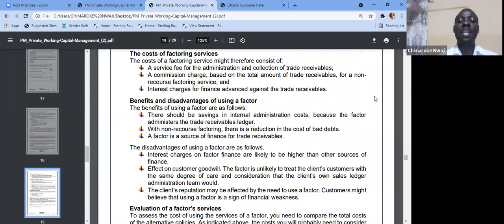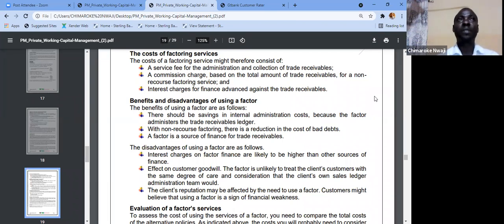And also the client's reputation may be affected because you are using the debt factor. It means that when you use a debt factor, your liquidity position is so bad that sometimes it's like a stigma. Like somebody going to contract a kind of disease, a financial disease, so to speak, that has a stigma.